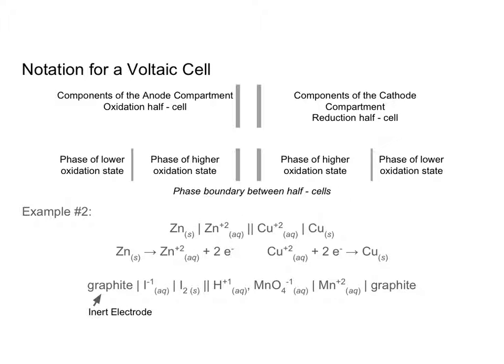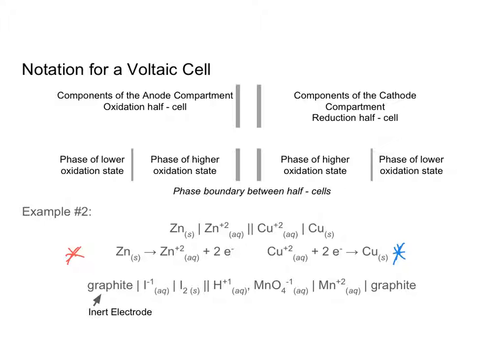So an example would be in the case of the zinc to copper, here's my half reaction for zinc, and here's my half reaction for copper. The lower oxidation state of zinc is the Zn 0, and the higher oxidation state for zinc is the +2 ion. And the higher oxidation state for copper is the Cu +2 ion, and the lower oxidation state is the copper.